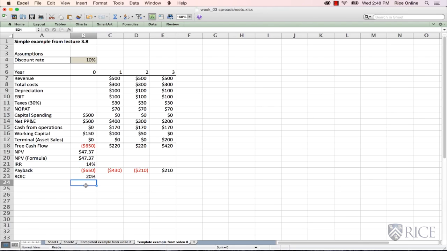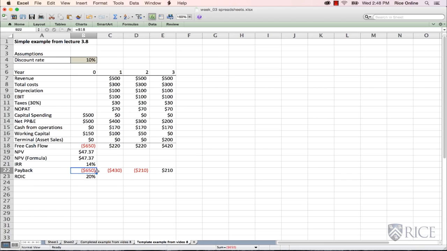Okay, so from a capital budgeting perspective, we've now calculated 4 tools. Our NPV tells us that the project is generating more than a 10% rate of return because it's earning a positive NPV of 47.37. The IRR tells me that I'm earning 14% on this project. That's above my 10% cost of capital, so both those capital budgeting tools would tell me to do the project.